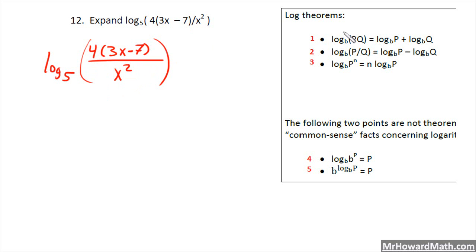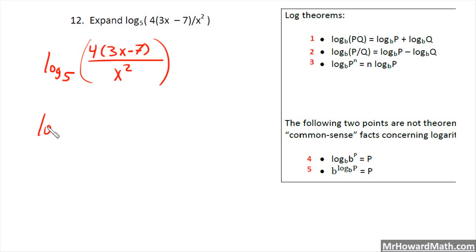When we expand, we'll be going from this side of the theorems to this side. So we have a multiplication here between the 4 and this 3x minus 7 quantity, and we have a division here of x squared. So multiplication becomes addition, division becomes subtraction using these two theorems.